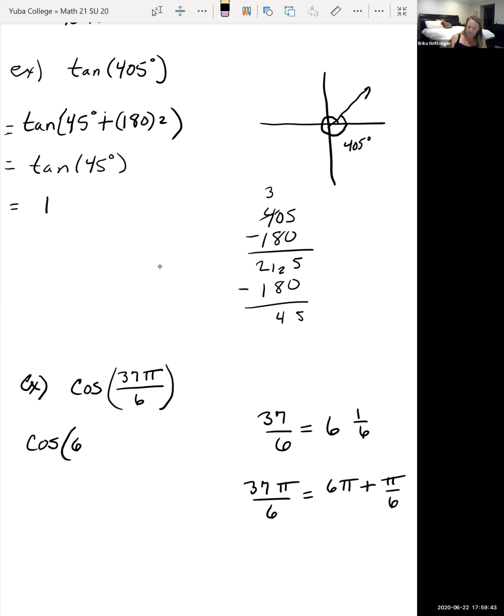Well, let's break down 6 pi, right? 6 pi is periodic, and this is just looping around 3 times. So this is 3 full revolutions plus some pi over 6. And so now I can say that cosine of 37 pi over 6 is the same thing as cosine of pi over 6.